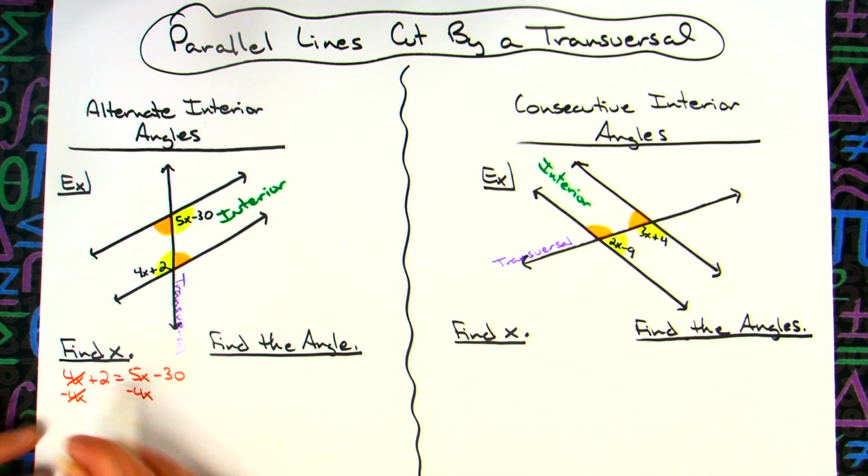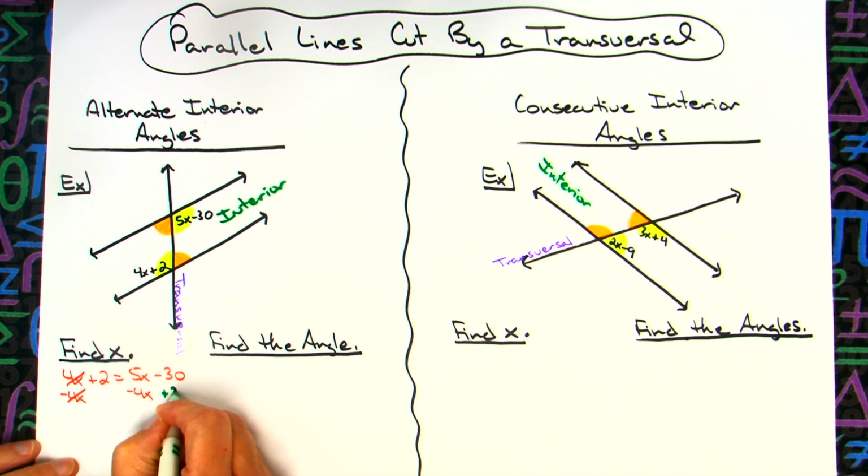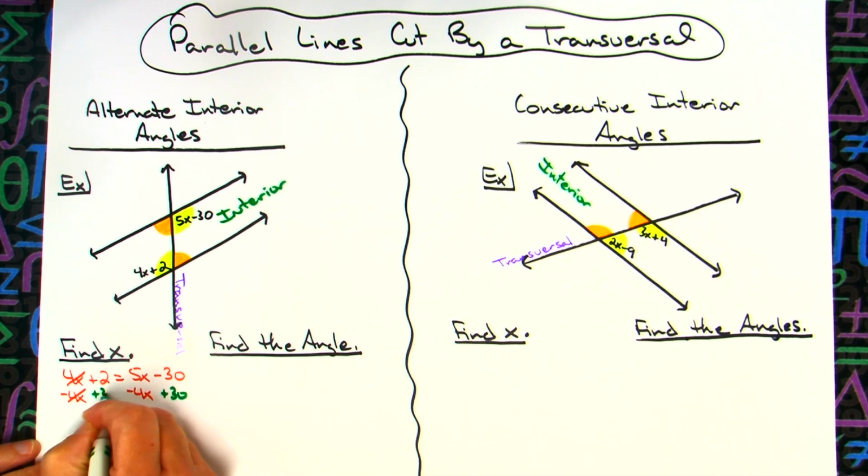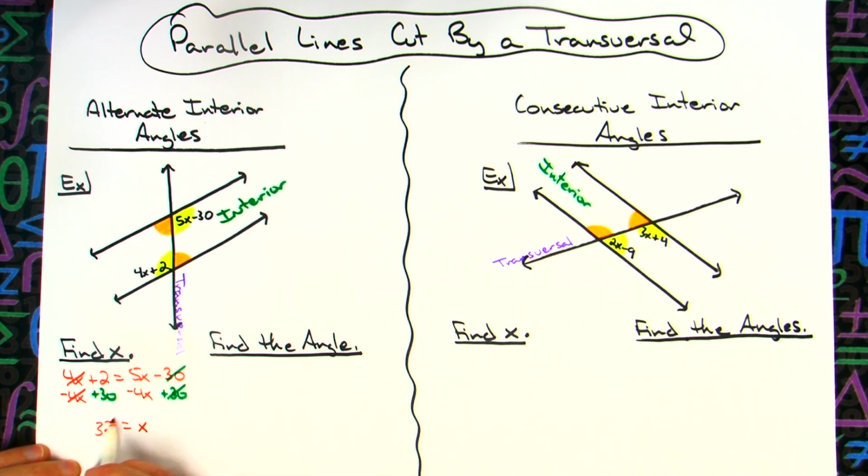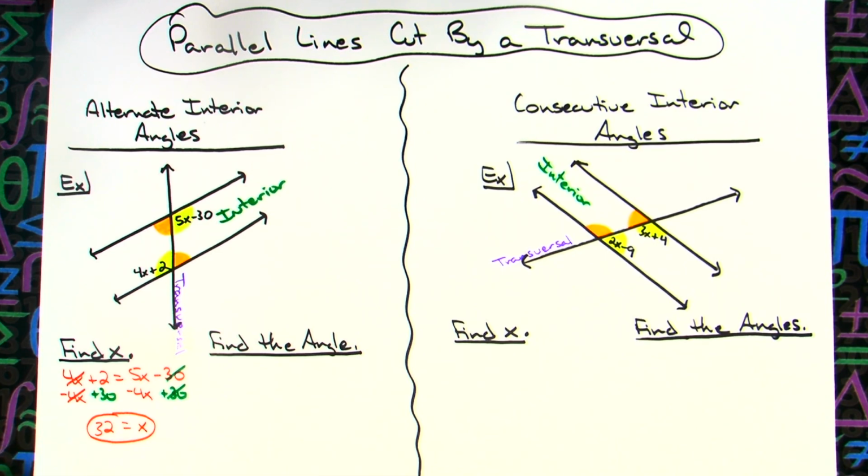The 4x's will fall apart on that side, and then I can add 30 to both sides so that the minus 30 plus 30 goes away there, and then I'm going to have 32 is equal to x. So my value for x is 32.